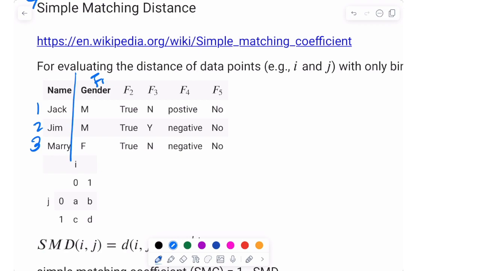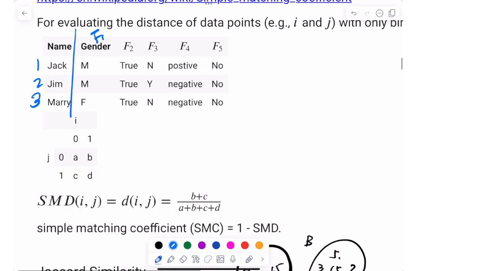Because they are not numbers, we have to use another way to calculate the distance between these 3 data points. For data I and data J, we simply calculate this value.